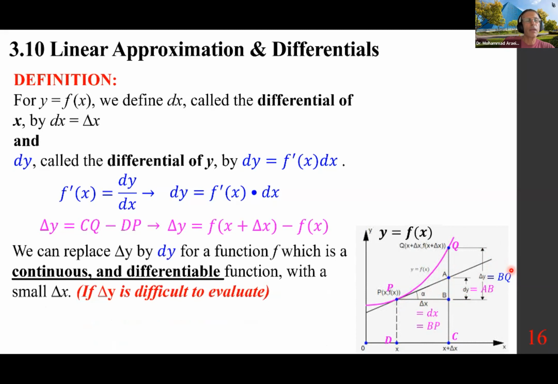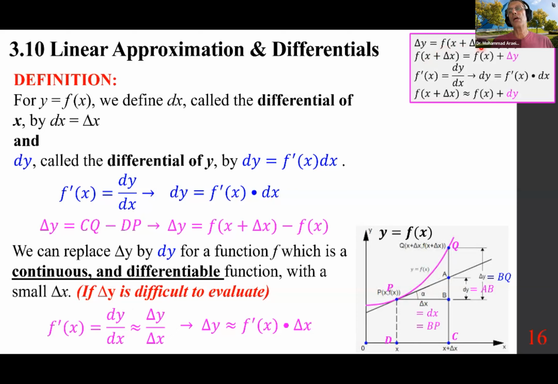However, we can replace delta y by dy for a function f, which is continuous and differentiable, with a small delta x, if delta y is difficult to evaluate. Therefore, when f prime of x is precisely dy/dx, we say it's approximately delta y over delta x, and delta y would be f prime of x times delta x, which gives rise to the following.